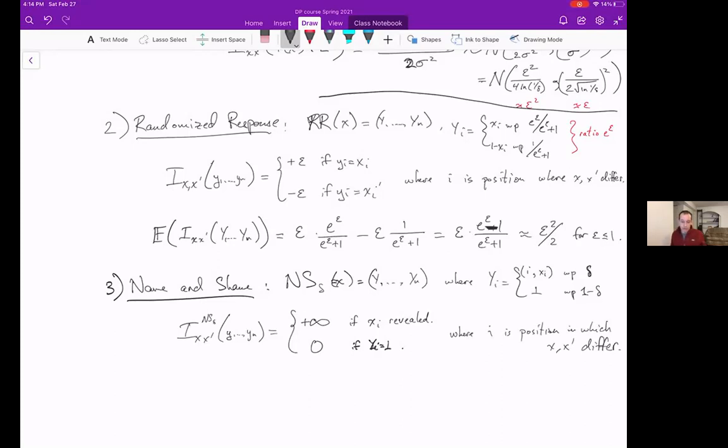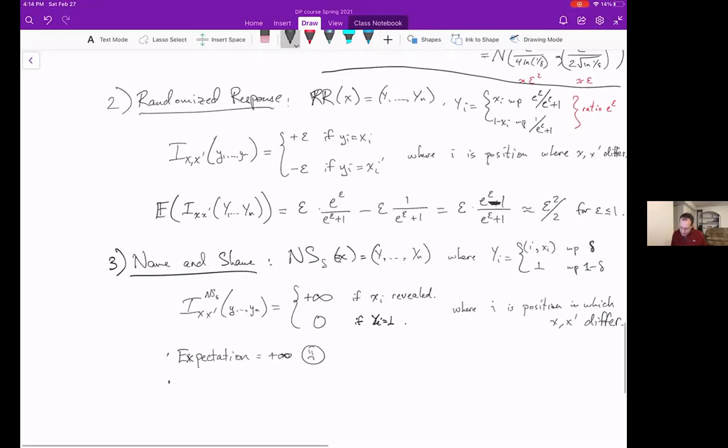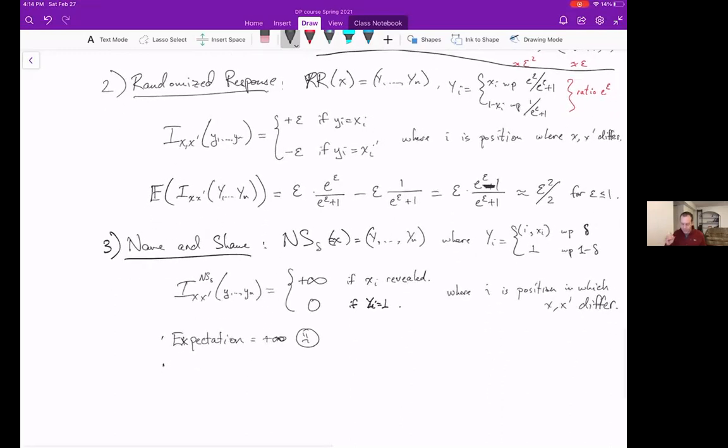Notice in this case, the expectation is infinite. So that kind of sucks, maybe. On the other hand, the expectation is only large because of this small probability terrible thing. There's this catastrophic failure with probability delta, and otherwise things are good.